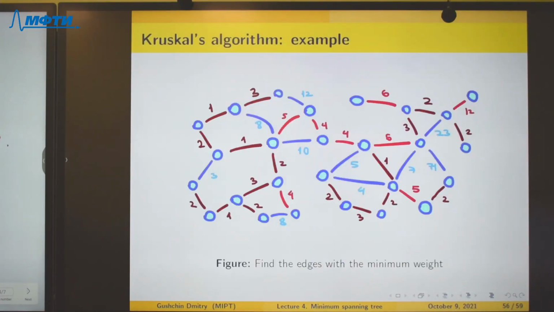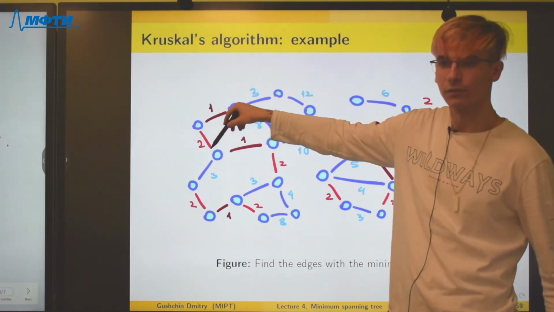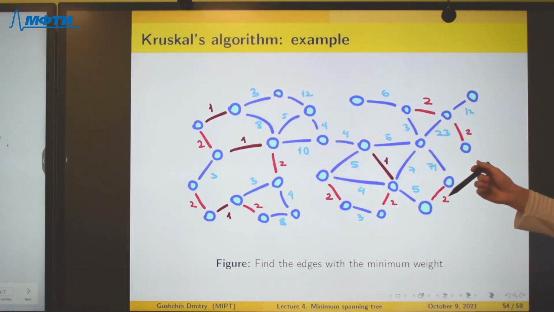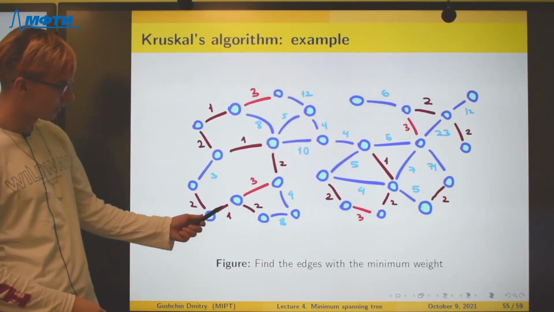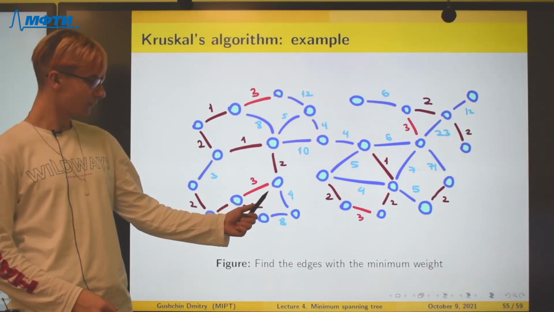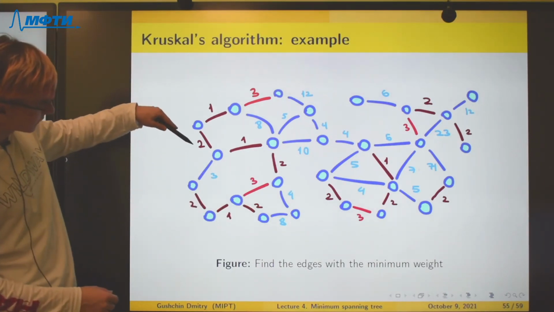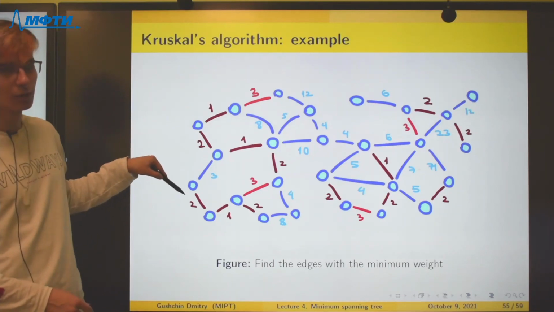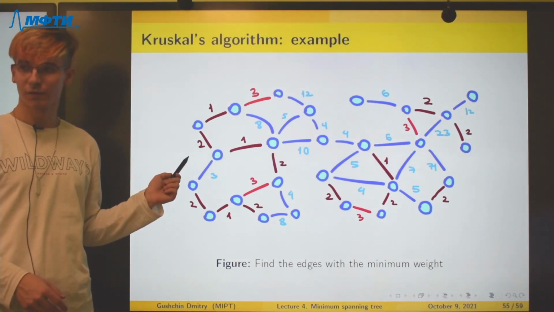So when we see that this edge connects different components, we add it, and so on for the others. For example, in this step, firstly, we add this edge, and then we ask ourselves, does this edge connect different components?